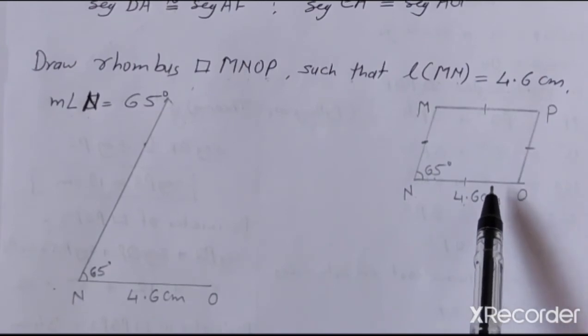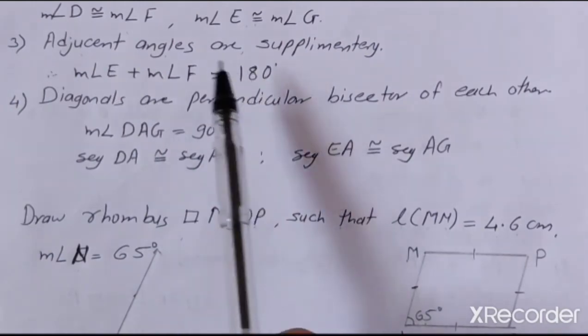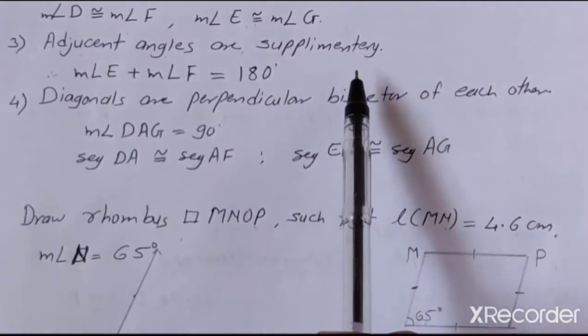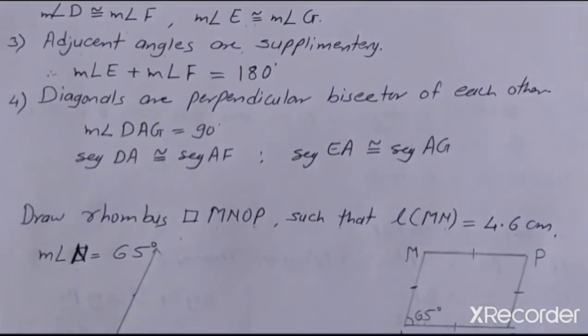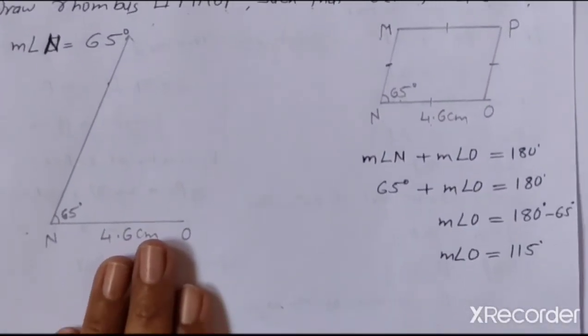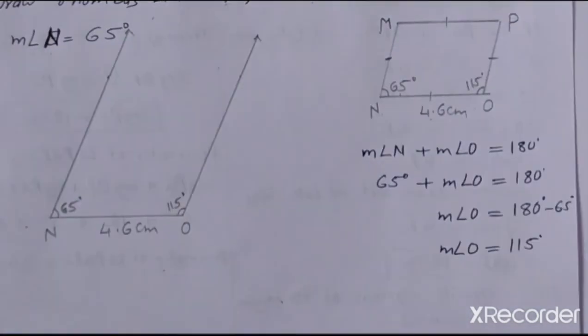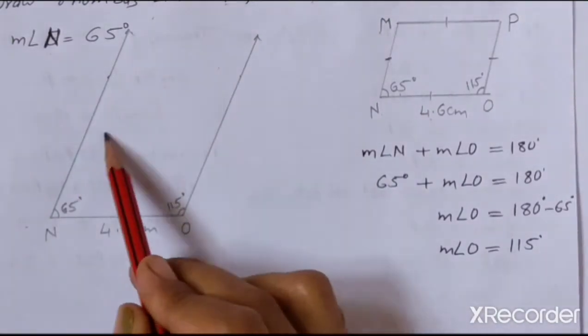So we can find it out by using the third property, adjacent angles are supplementary. Therefore, after applying this property, we will get the measure of angle O is equal to 115 degree. So after drawing this angle, you can see here these both rays are parallel with each other.